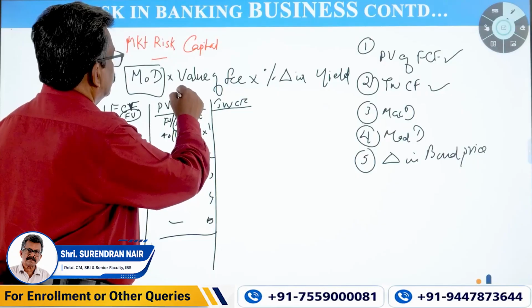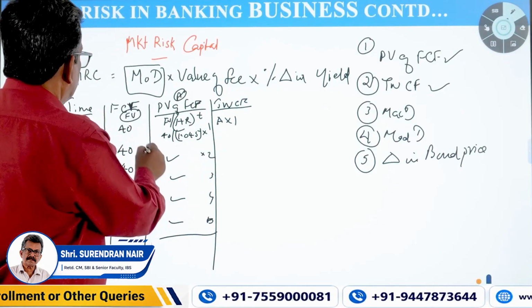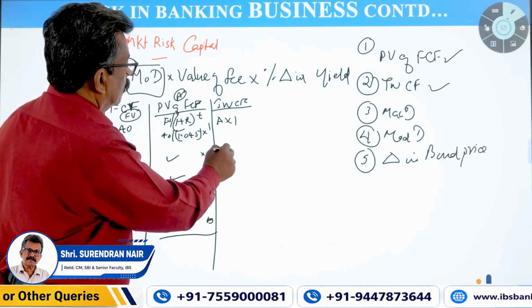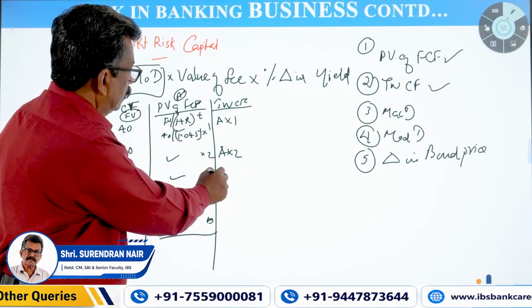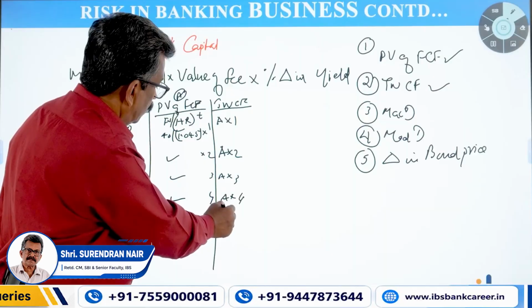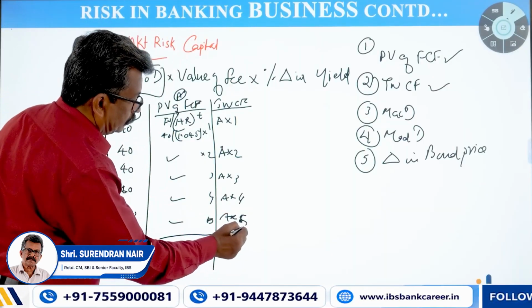So if this is A into 1, the 1 is the time period. Then A into 2, A into 3, A into 4, A into 5. This is the time weighted cash flow.